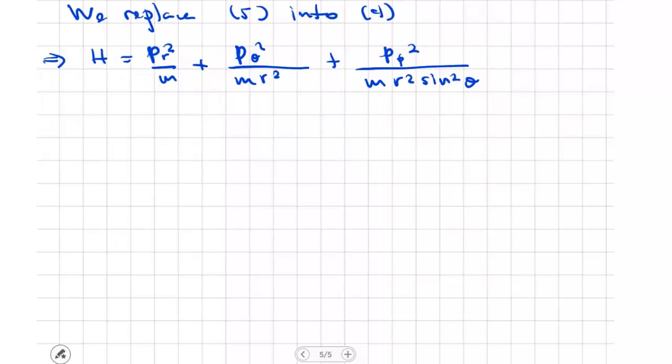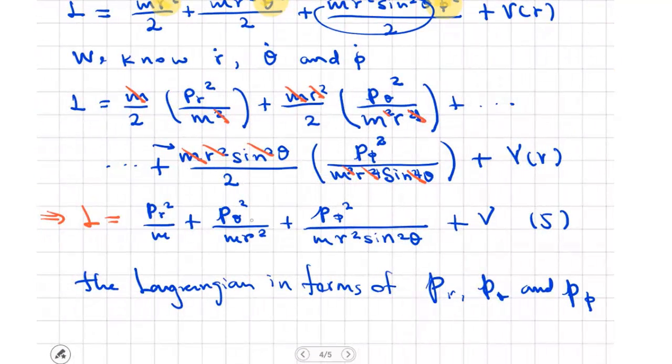But remember the Lagrangian, we calculated it, and it's right here, equation number 5. Okay, so I forgot to write something, sorry, I forgot to write a 2, 2, and 2. So it's 1/2 of p_r squared divided by the mass, and for the other terms 1/2, 1/2, and 1/2.